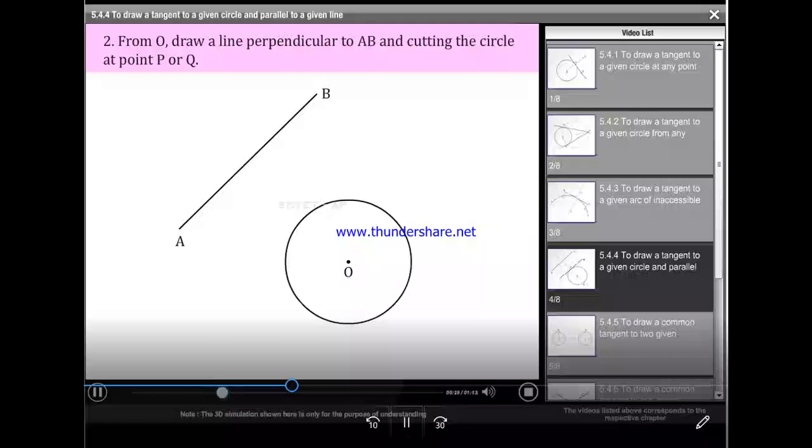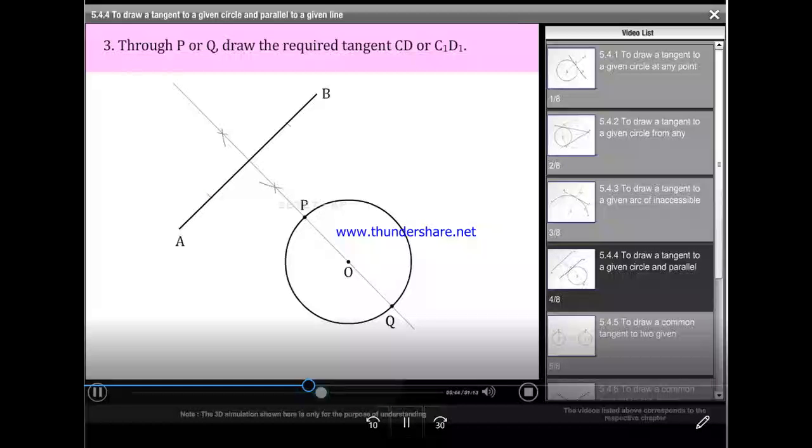From O, draw a line perpendicular to AB and cutting the circle at point P or Q. Through P or Q, draw the required tangent CD or C1 D1.